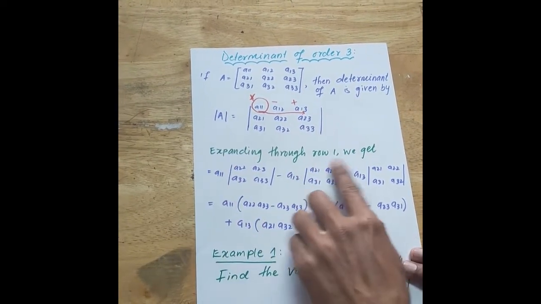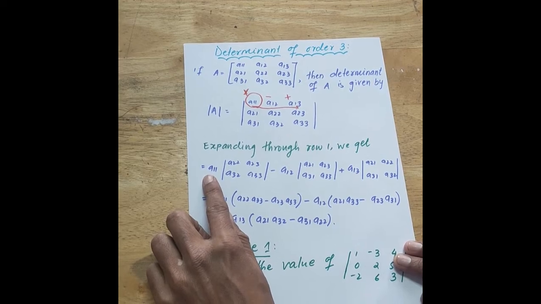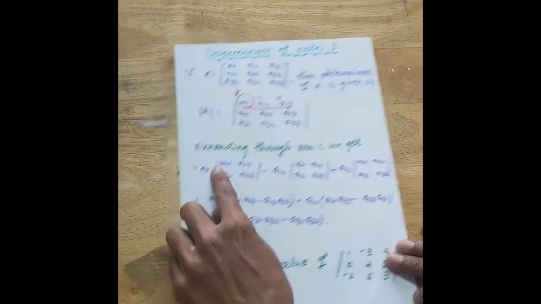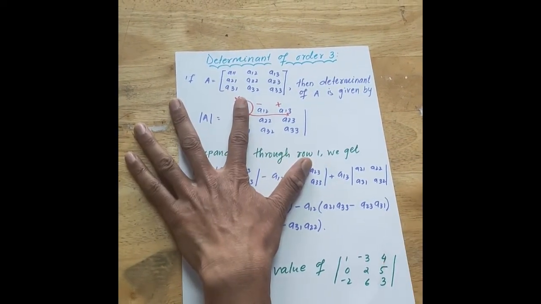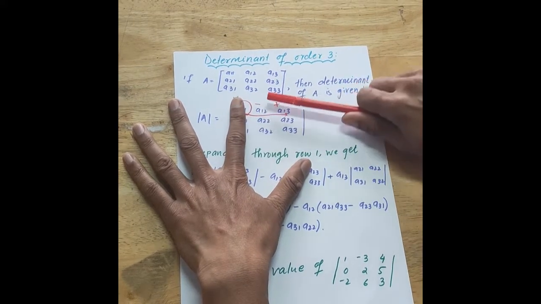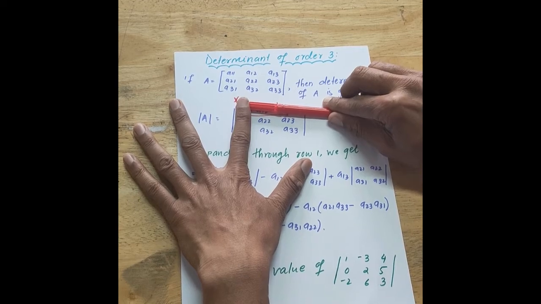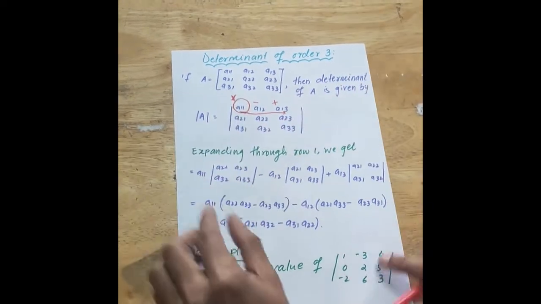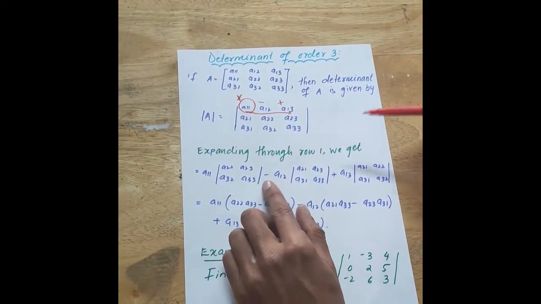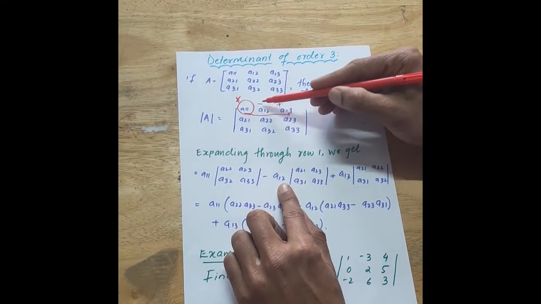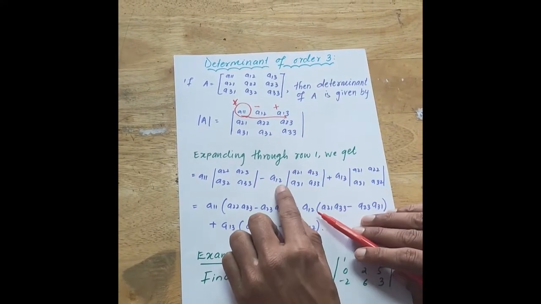Now expanding through row 1 we get a11. You cover this element, and the row and column wherever it's intersecting. The elements left out, you write here. Similarly for a12, the sign is minus, so minus a12.